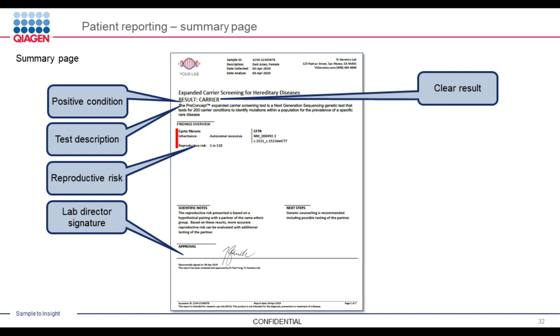And then finally, we also provide a report for the carrier screening test. This report includes a clear result of what the final output, the test result is, a description of the test, it calculates the reproductive risk based on the result of that test, and allows a section for the lab director to sign the test out.